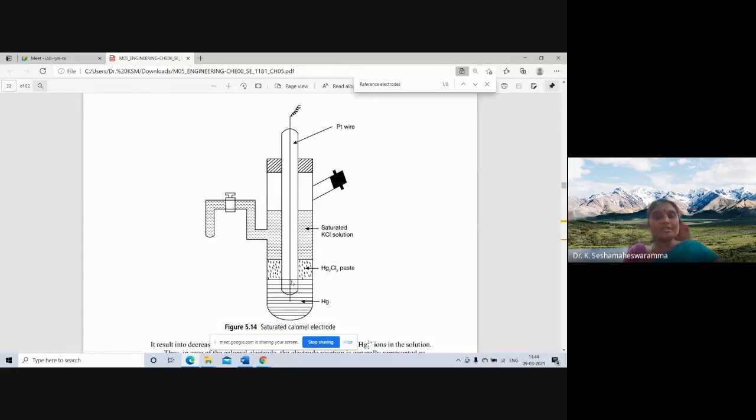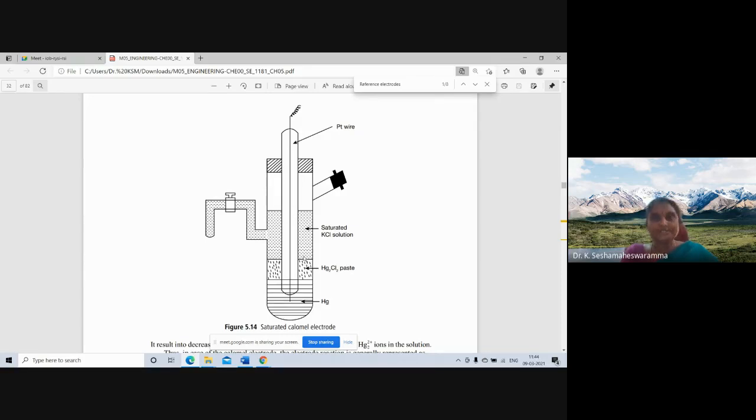In the standard calomel electrode, the glass tube has two sides open, and a platinum wire is dipped in. First, the bottom of the tube is filled with mercury. Then the mercury is covered with solid mercurous chloride paste.